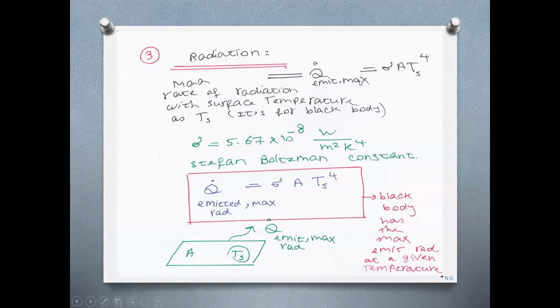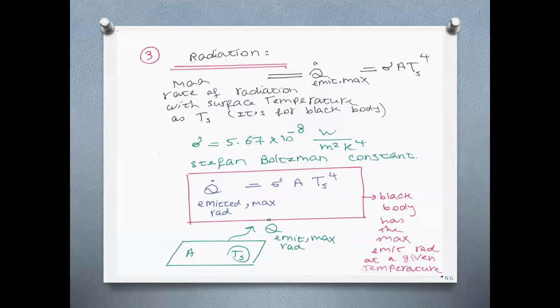The maximum rate of emitted radiation can be calculated using this formula, sigma A Ts to the power of 4, where sigma is the Stefan Boltzmann constant, A is the area of the body, and Ts is the surface temperature of the body. That is the maximum that a body with surface temperature Ts can emit.